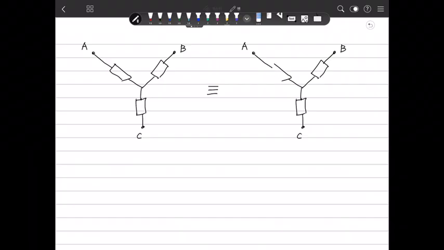Then we replace it with another configuration in this manner, in a different color. So we define that variable as GA, that variable GB, and that variable GC.